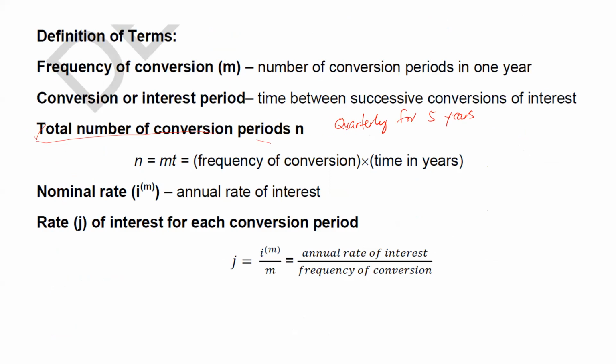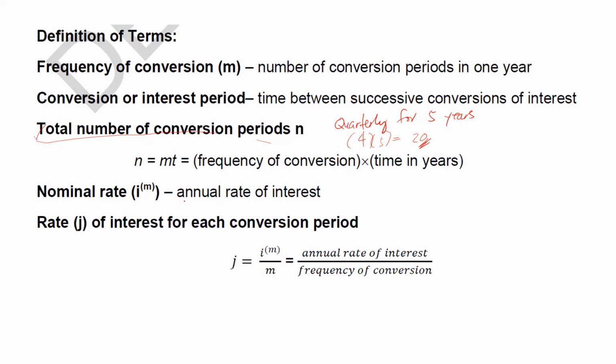If this is quarterly, the frequency of conversion is 4, times 5 years. So your total number of conversions there is 20. Meaning, it earns interest 20 times within the 5 years.